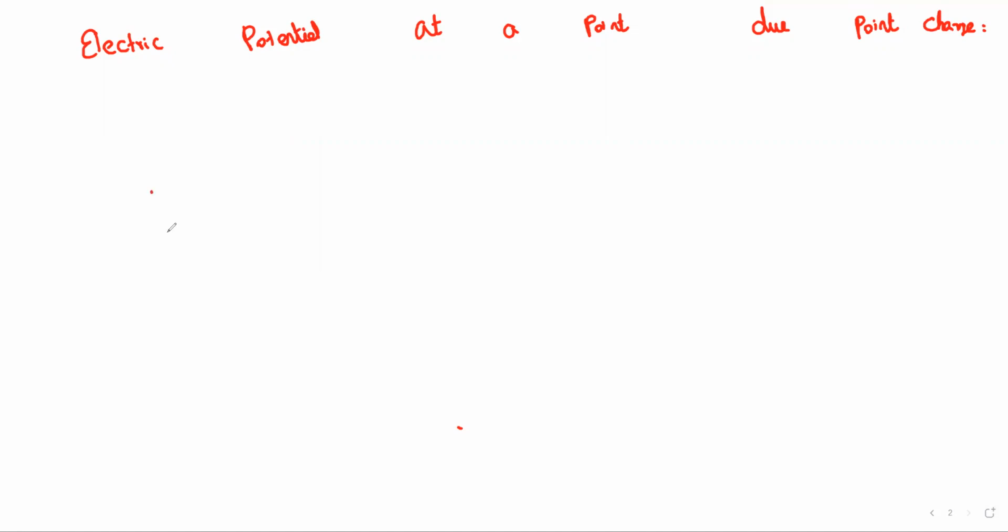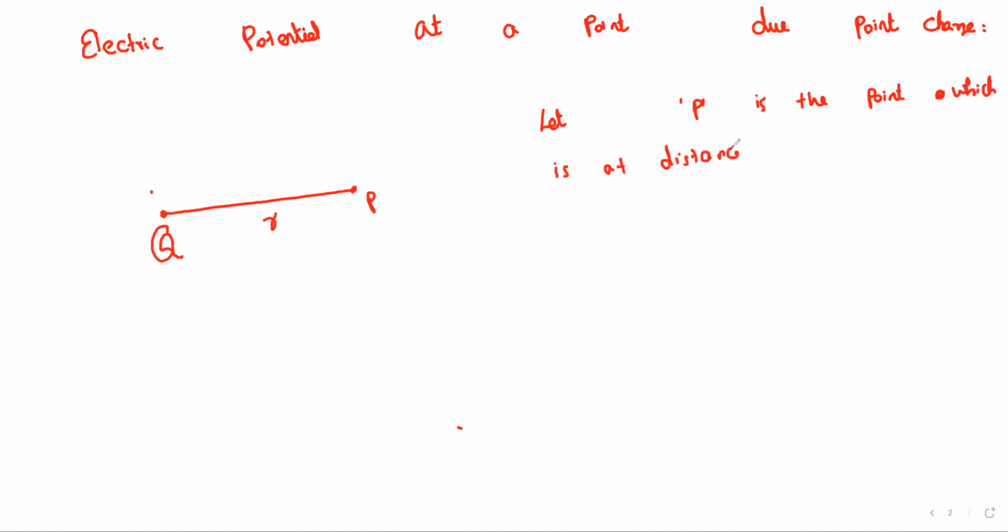For example, if we have the charge Q at point O, and at some distance, let P be the point which is at the distance of R from Q. Okay, so let the point charge be Q, which is at O.